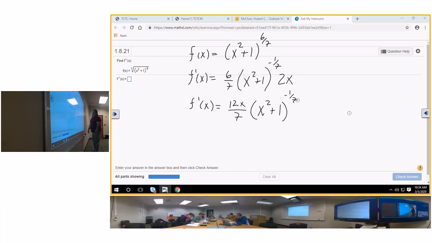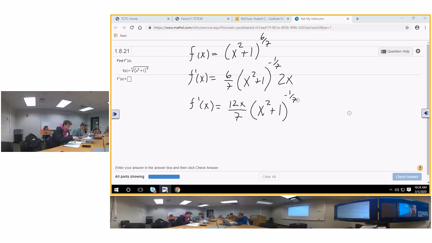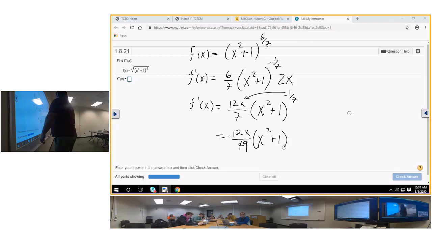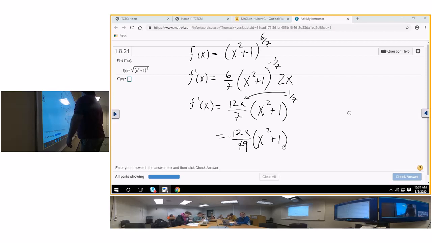Now take the second derivative using the chain rule again. Negative 1/7, that'd be what? Negative 12x over 49 times x squared plus 1 to the minus what? 6/7?